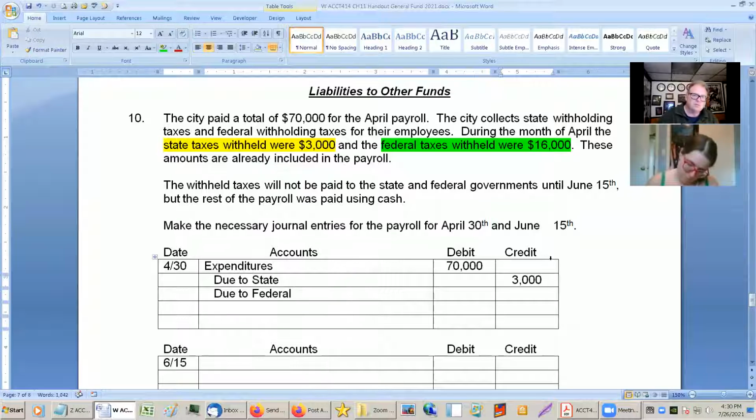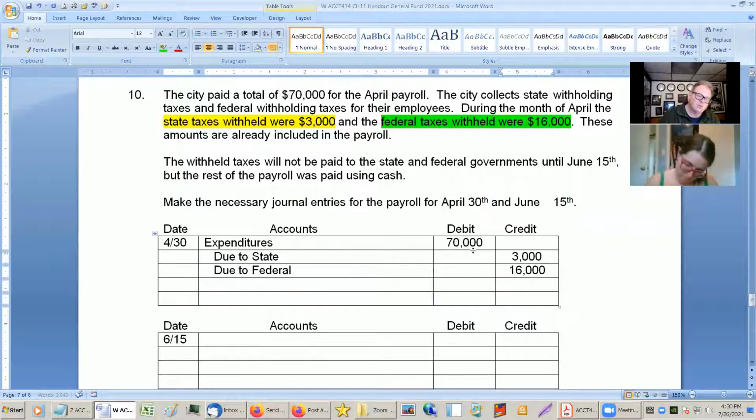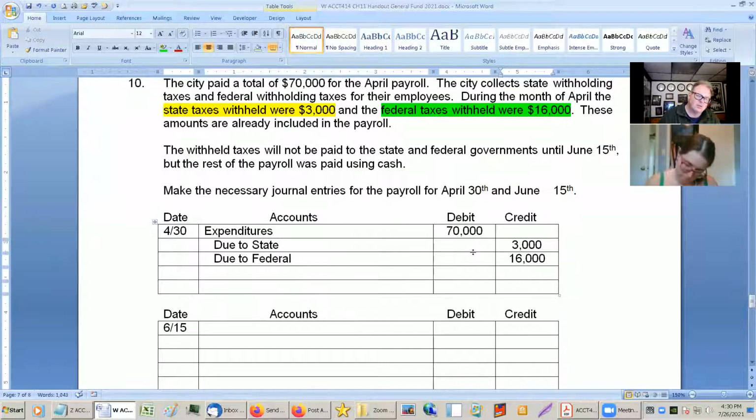Federal, 16,000. And then the rest we just paid out to people in their paychecks, $51,000.